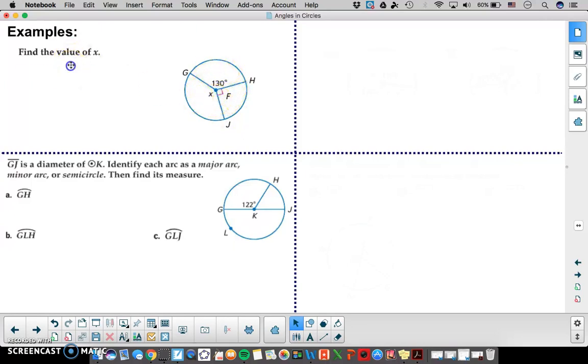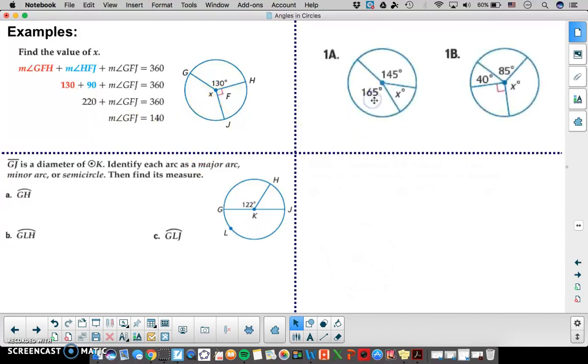We know that the three of these angles should add up to 360. So we'll replace GFH with 130, HFJ with 90, and then we're searching for GFJ. Add like terms and get 220 plus our missing angle equals 360, subtract 220, and so central angle GFJ is 140 degrees.